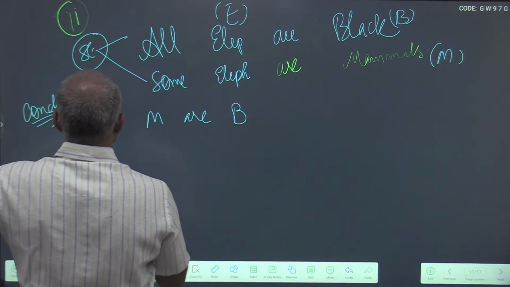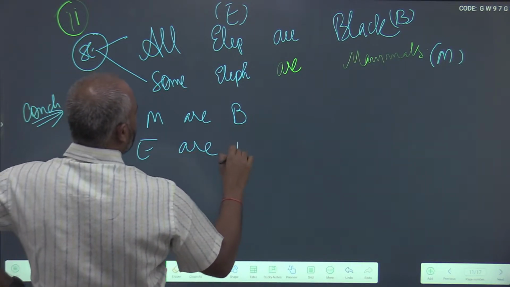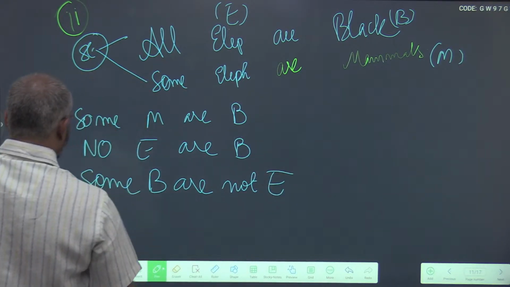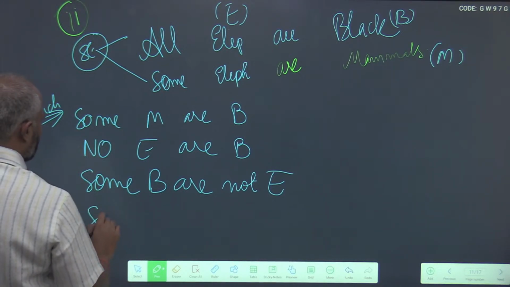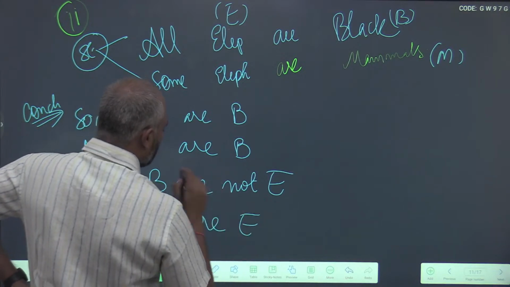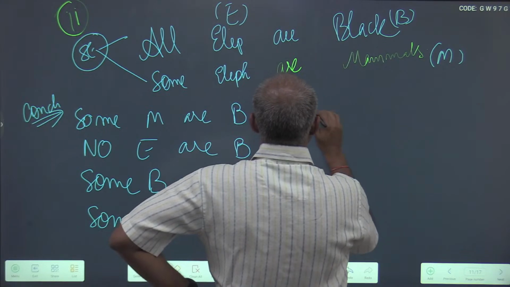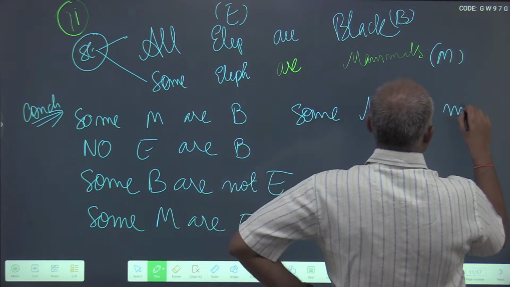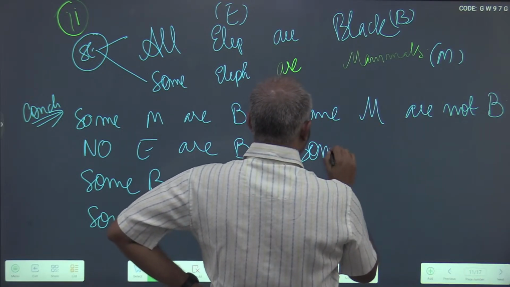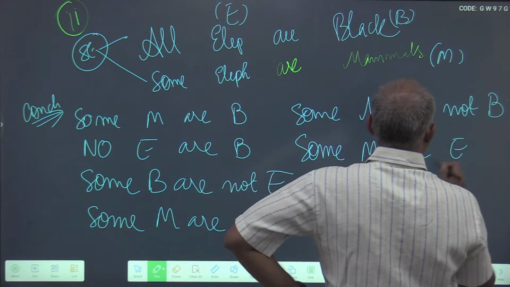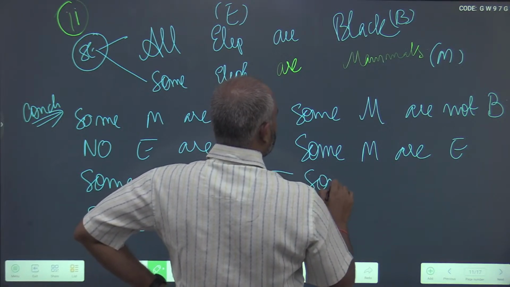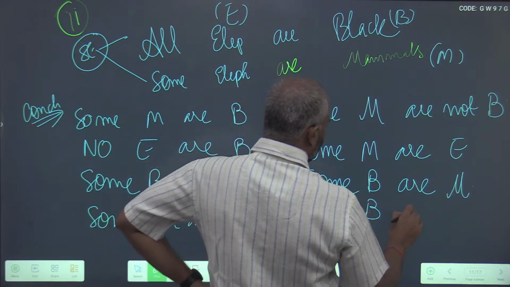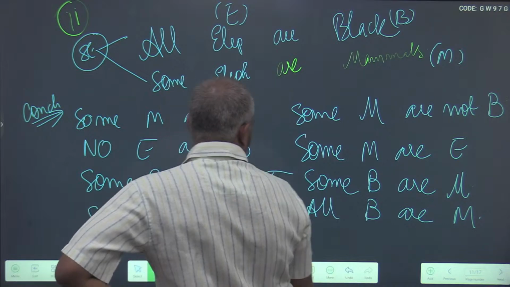Some M are B. No E are B. Some B are not E. Some M are E. Some M are not B. Some B are M. All B are M.